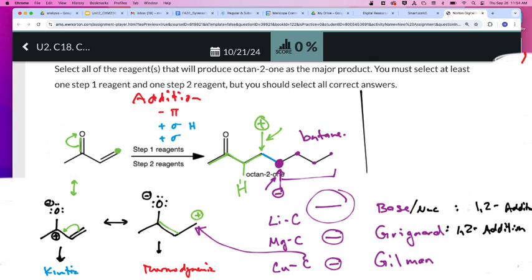Took me forever to figure this out. I could never understand why. Because when we talk about the Gilman, it's not a 1,2 addition. Guess what it's called? 1,4. A 1,4 addition. Why is it called a 1,4 addition?